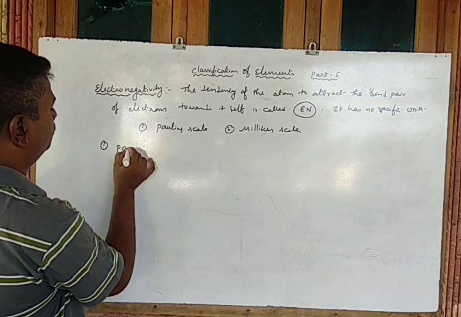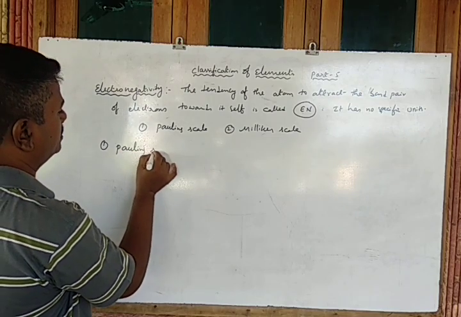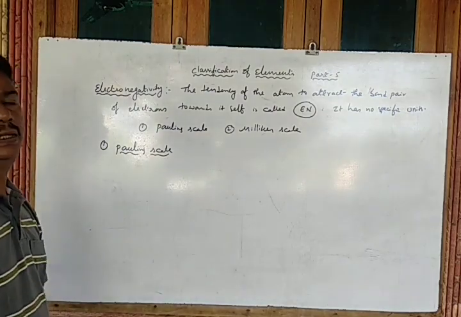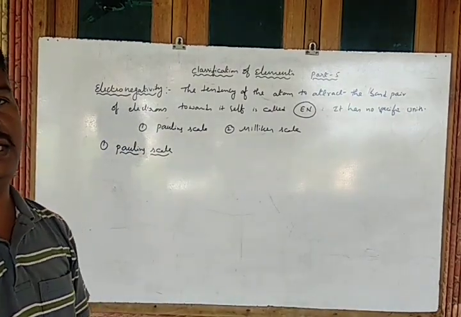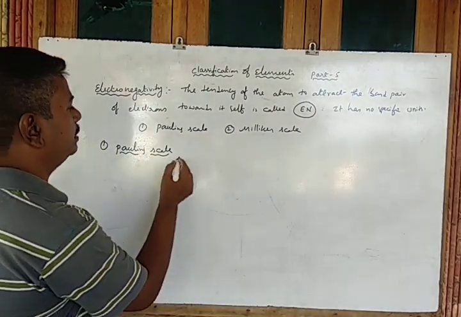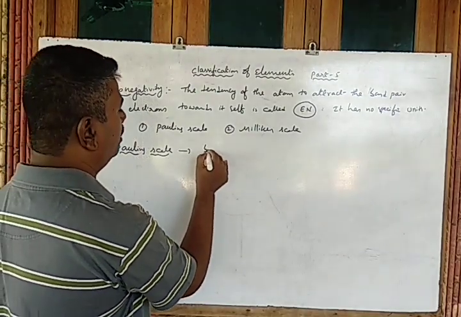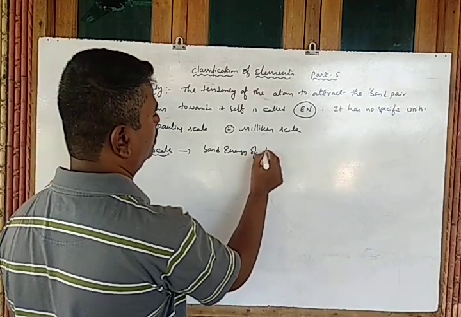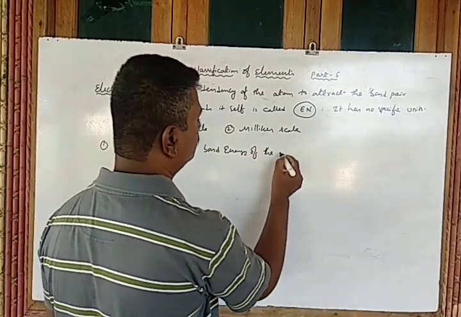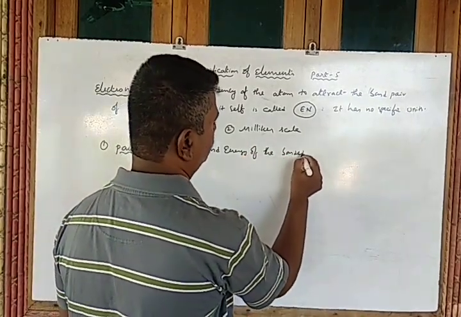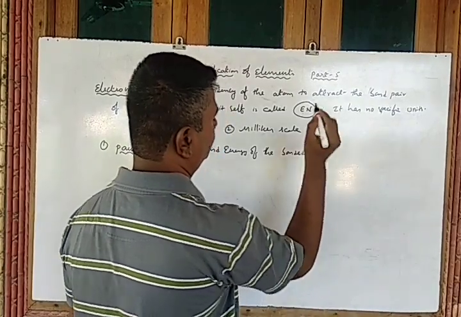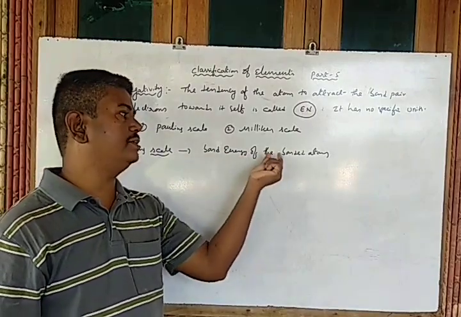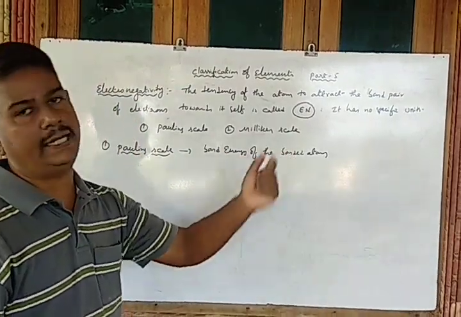First one, the Pauling scale. Linus Pauling measured the electronegativity of the elements based on the bond energy of the bonded atoms. The Pauling scale is based on the bond energy of the bonded atoms.